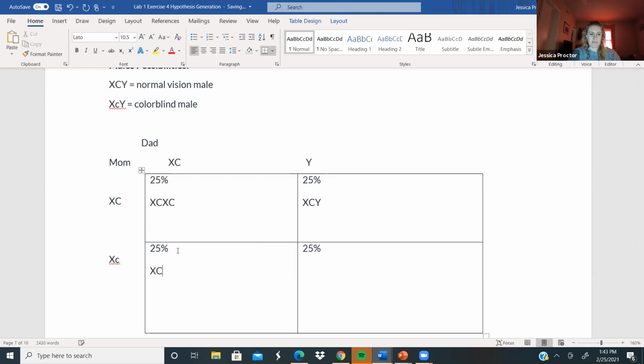And in this quadrant we've got an X little c and a Y.